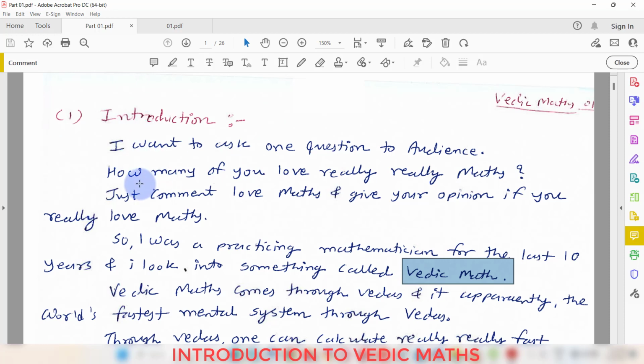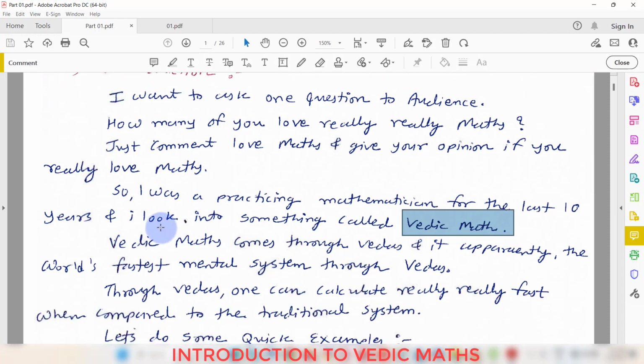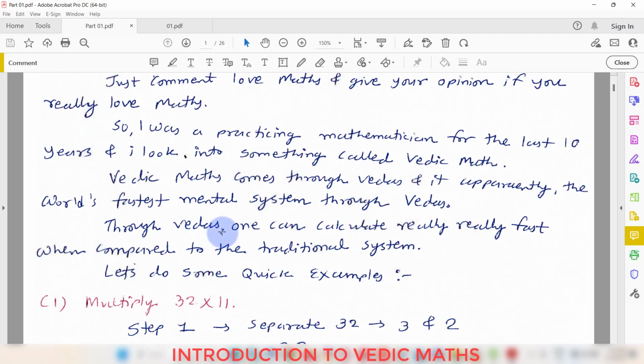Here you can see these are my handwritings, and by using these handwritten notes I will teach you Vedic maths. Vedic maths comes from the Vedas and is apparently the world's fastest mental system. Through the Vedas, one can calculate really fast compared to the traditional system.